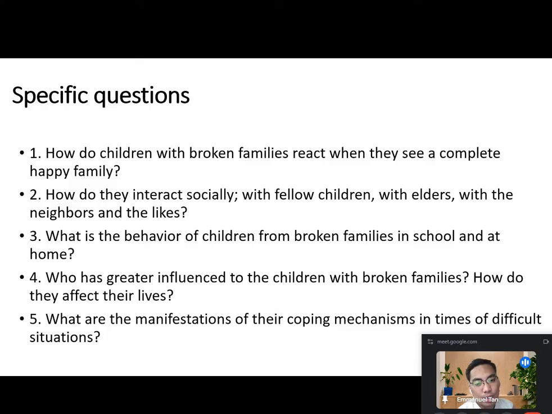If wala pa kayong nababasang mga related literature or mga theory that would support your topic, no? That would support your research problem. So, kailangan meron na kayong nabasa at least, 1 or 2 research articles or review of related literature related to your topic in order for you to craft a good and effective and smart research questions.